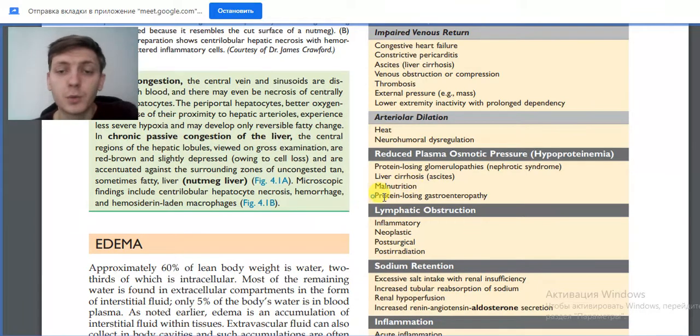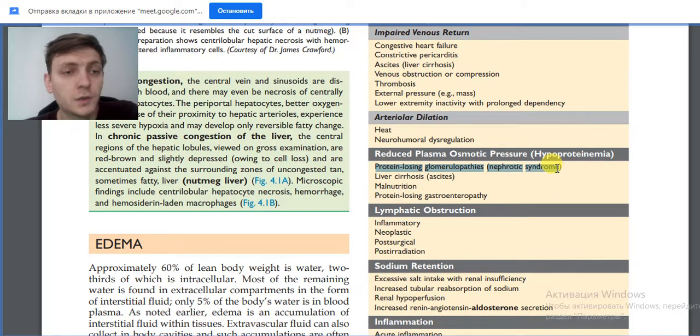Then protein losing gastroenteropathy, when the digestive tract doesn't absorb the proteins. Okay, liver cirrhosis, malnutrition, and protein losing gastroenteropathy are failures of production of proteins. But we also have protein losing glomerulopathies. In the kidneys, you remember the glomerular apparatus, and in it we have a filtration sheath.